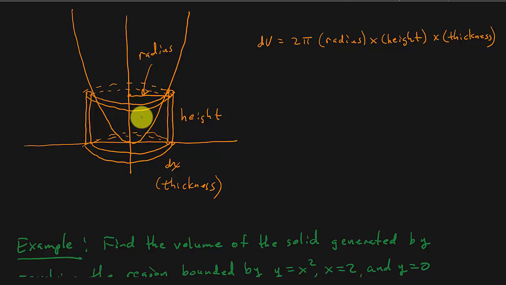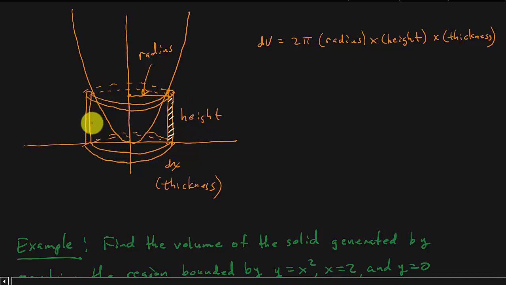Now, this one tends to give students a little more trouble than the disk method. So in order to use the shell method, we need a radius, a height, and a thickness. That's the thickness right there.